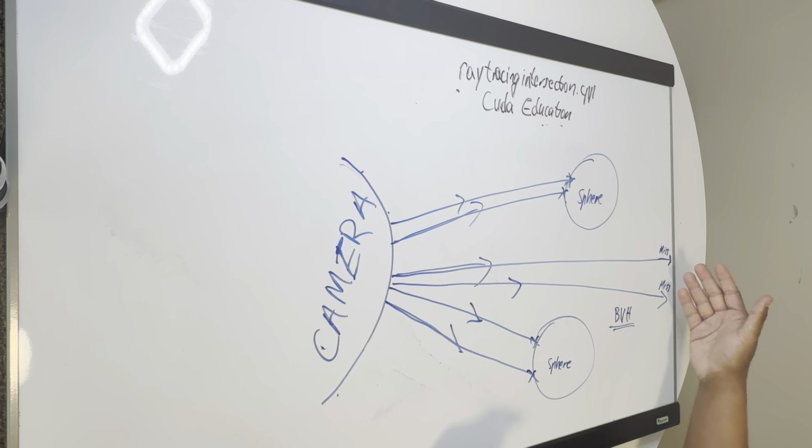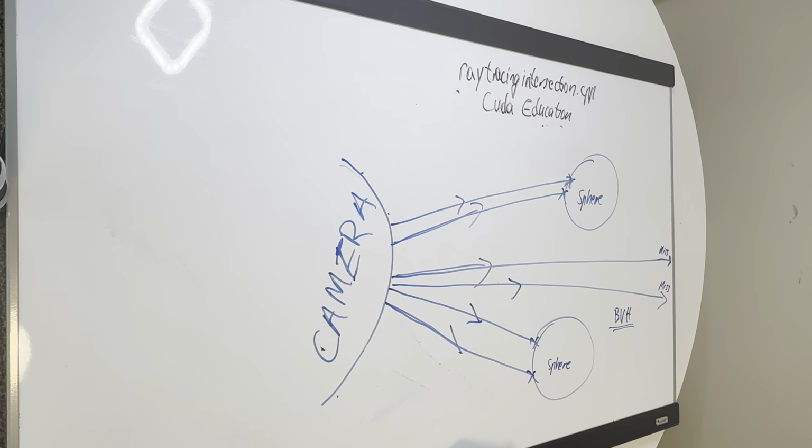Are the rays a miss? Are the rays a hit? You want to do it as computationally cheap as possible. This attempt to make it as cheap as possible is where this bounding volume hierarchy term comes in, BVH, bounding volume hierarchy.